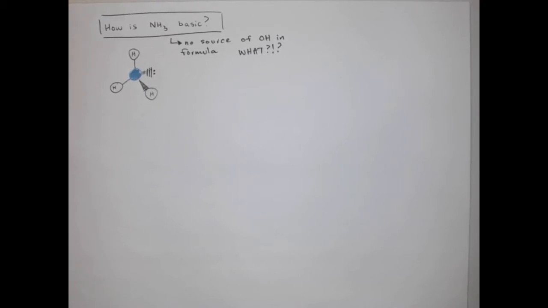Now, is there a similar explanation for basic properties of substances that do not have hydroxide in their formula? So here we see a molecule of ammonia, NH3, and I would ask you, where is the OH? If you look at the formula for NH3, you'll notice that there is no OH in the formula. So how is this basic?